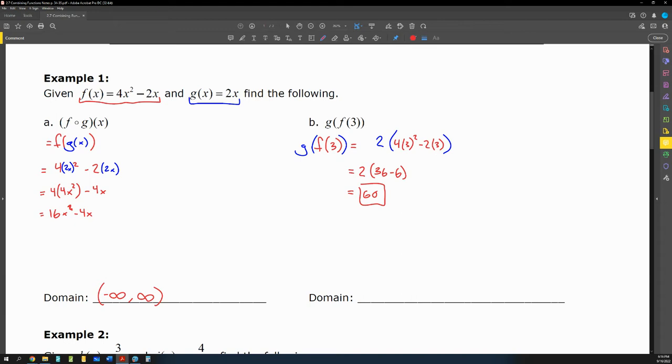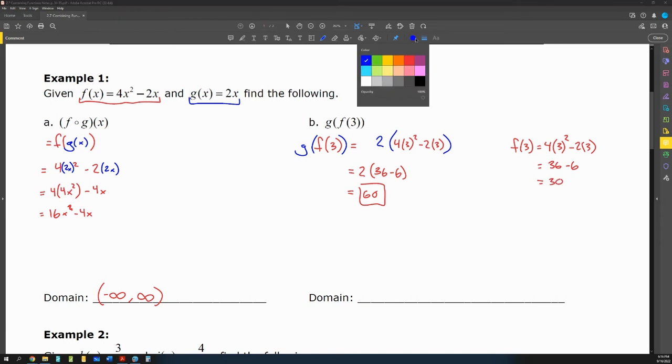Okay. Another way you could do this is just first evaluating f of 3. So if I were to just do f of 3, we would get 4 times 3 squared, and then minus 2 times 3. And we have 4 times 3 squared is our 36. That's our 9 times 4. And then minus 6. And that's equal to 30.